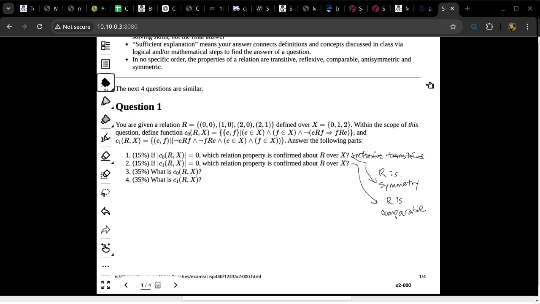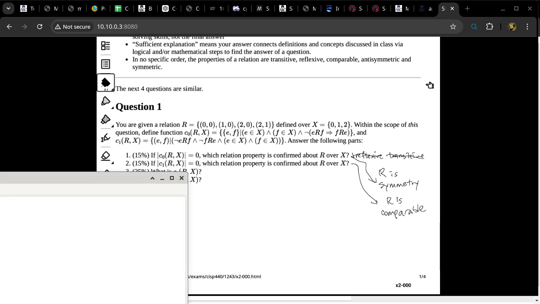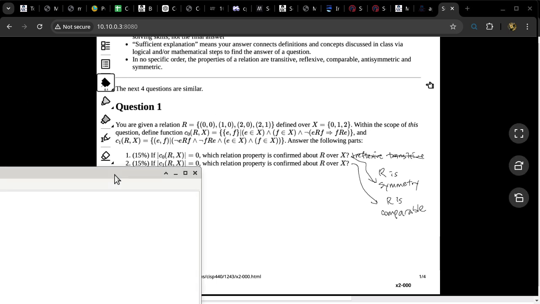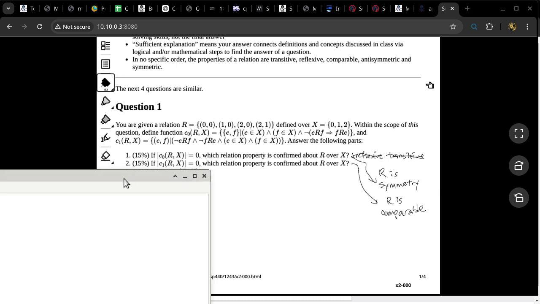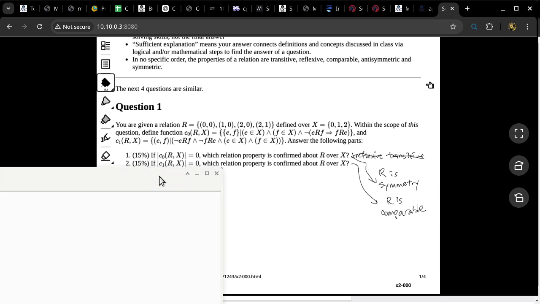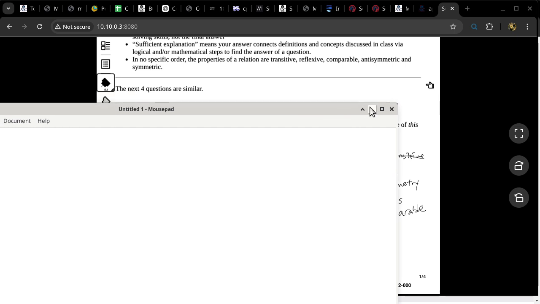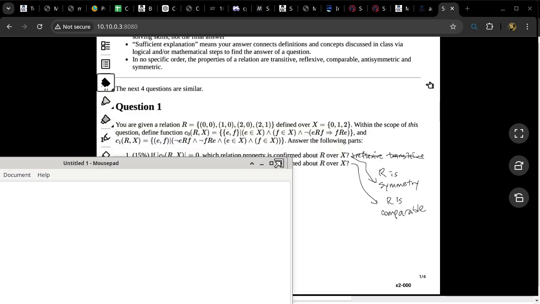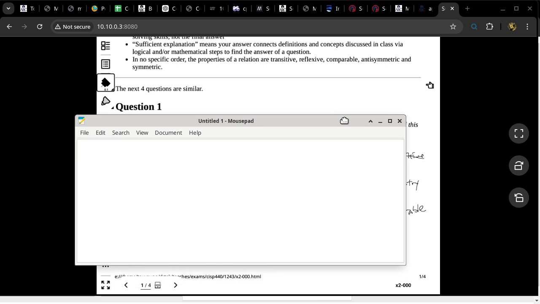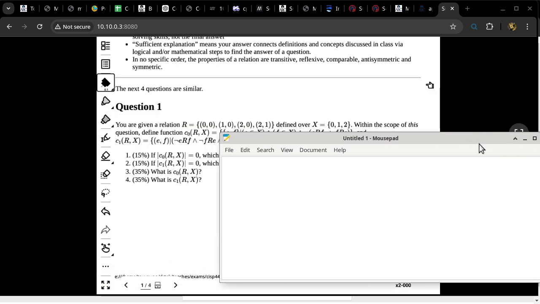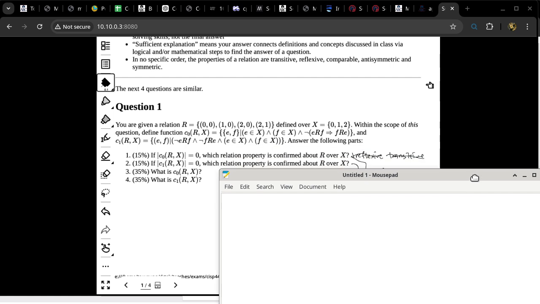I'm trying to get my editor over to the other window. There we go. I cannot do it quickly because somehow my Bluetooth keyboard. Oh, okay, I can use my regular keyboard first and then switch back to my Bluetooth when I need to type. All right. So this kind of fits okay.